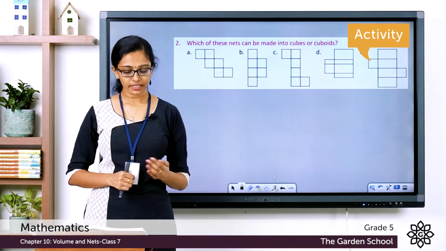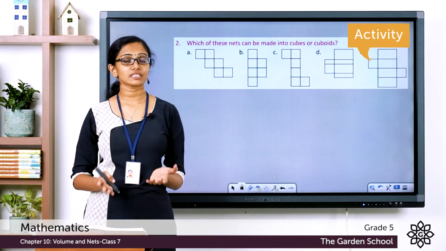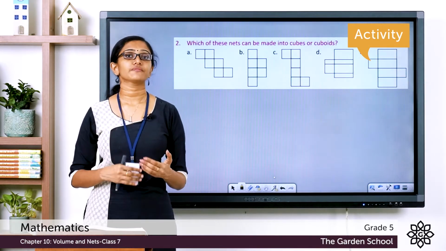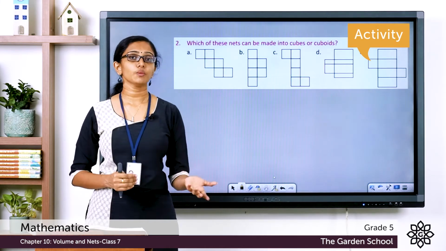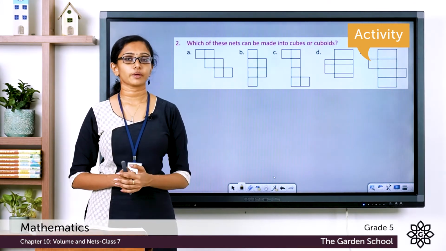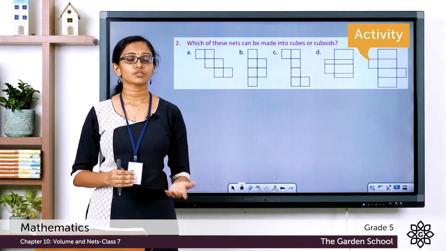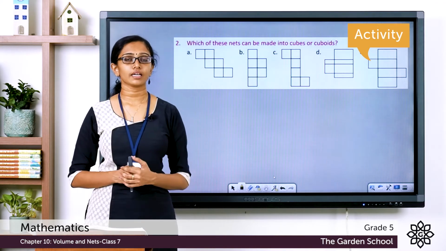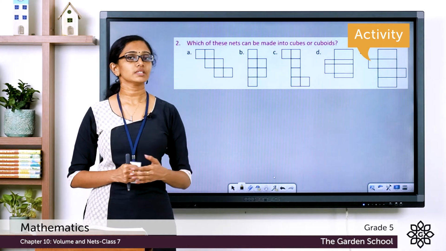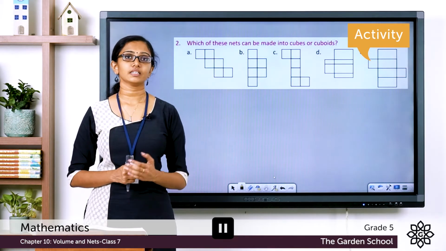With this in mind, go through these nets given here and visualize how they can be folded up and whether they form either a cube or a cuboid. You can even draw these nets on a piece of paper and fold them along the lines to see if they form the solid, either a cube or a cuboid. So you do this as an activity now. Please pause this video, go through the nets and then come back.